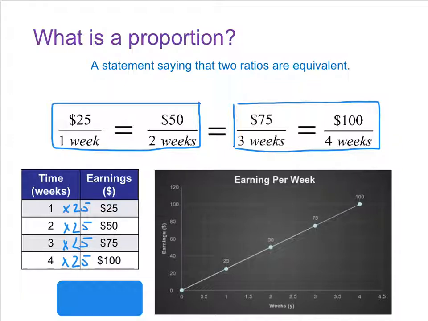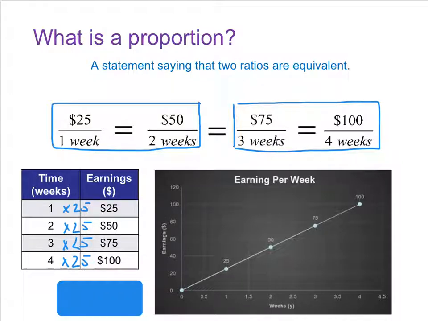So once I've done that, I know that my rule is to find y, and I'm thinking of my function box. I have to put x of 4 perhaps into the box. Inside the function box, it gets multiplied by 25, and what comes out of the function box is my y, which is 100.